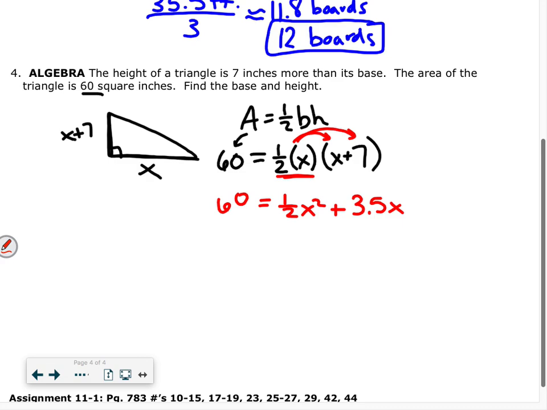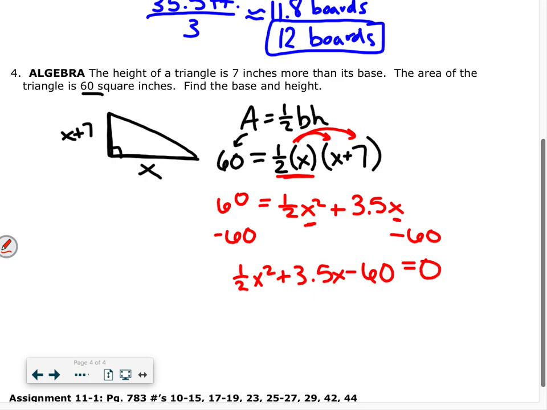We have a quadratic here because we have x squared and x. So what I'm going to do is get this equal to 0 by subtracting 60 from both sides. So we have 1/2 x squared plus 3.5x minus 60 equals 0. Now there's a couple ways we could do this.